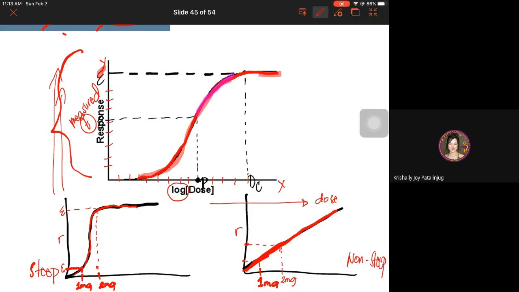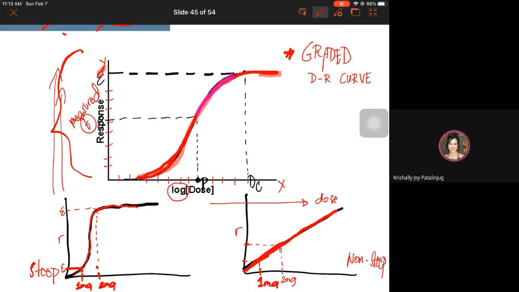With this dose response curve, we could really see the relationship of the increasing dose and the increasing magnitude of effect. In particular, this graph being illustrated is a graded dose response type of curve.